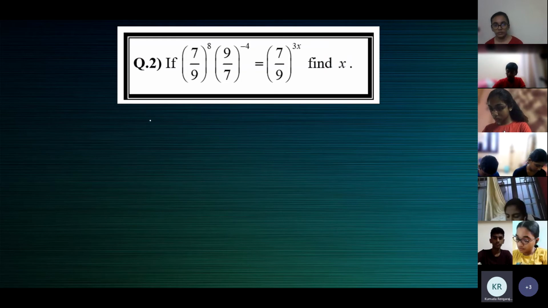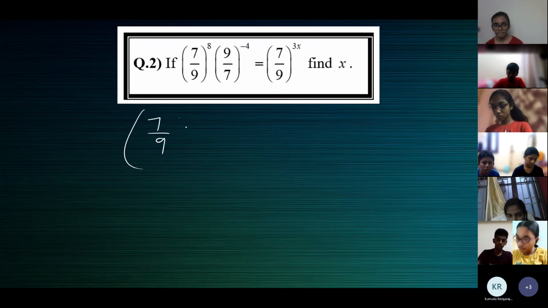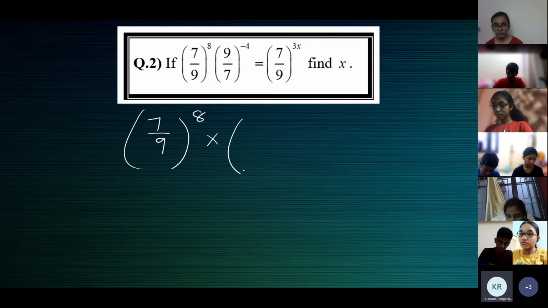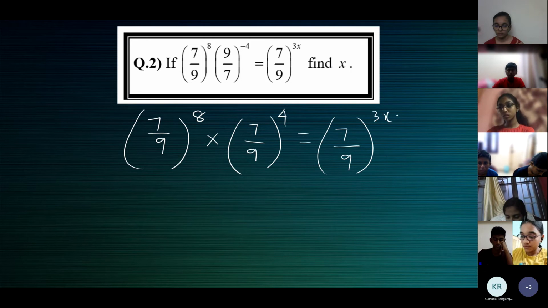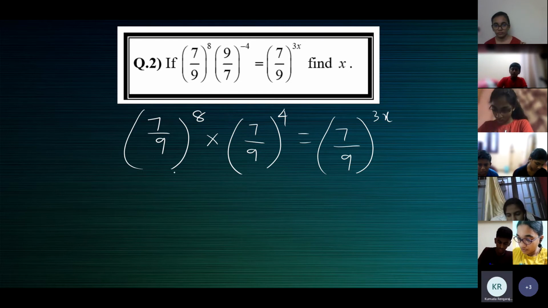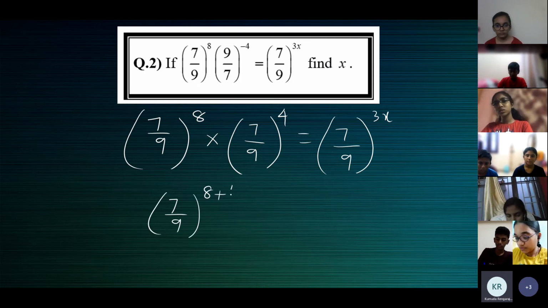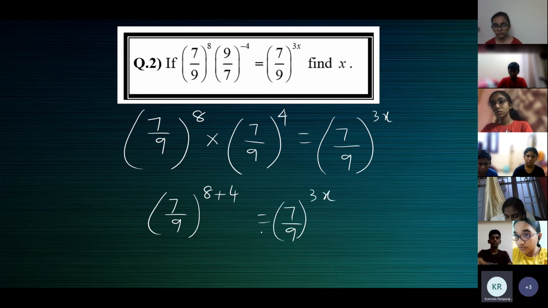All right. So (7/9)^8 × (7/9)^4 is equal to (7/9)^(3x). So bases are same, so we need to add the powers. (7/9)^(8+4) is equal to (7/9)^(3x).